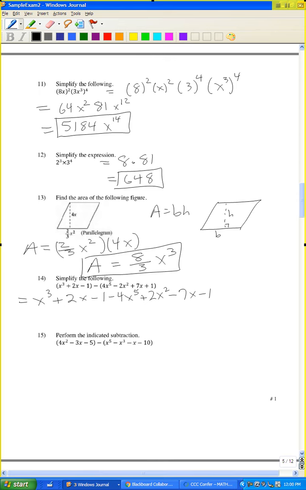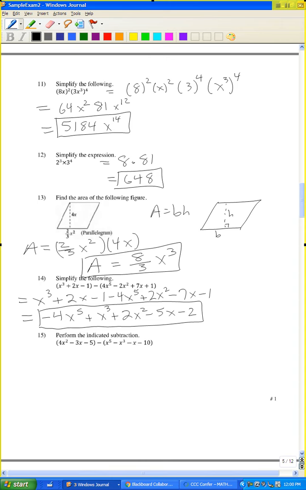And so I get negative 4x to the 5th plus x cubed plus 2x squared. I have a 2x minus 7x, minus 5x, minus 1 is a negative 2. And that is your answer.